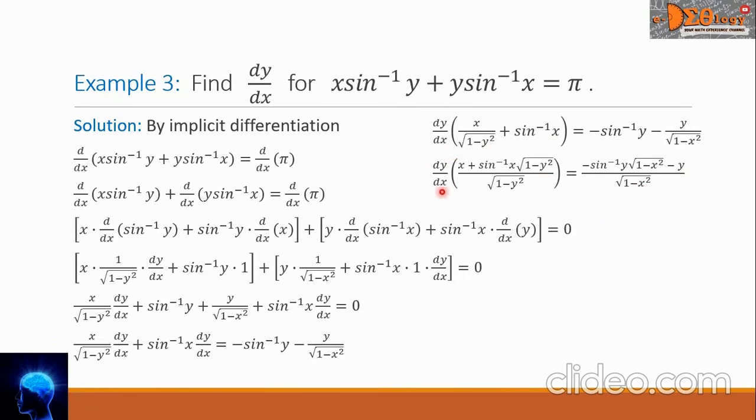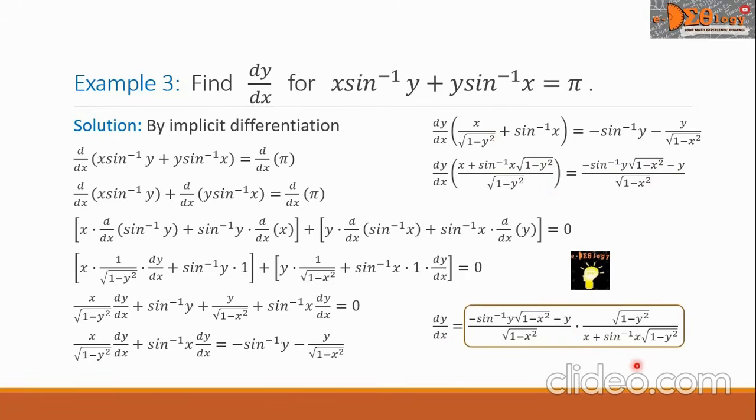It means to say, our dy over dx will be equal to this fraction here all over this fraction. Further, we can show that our dy over dx is equal to this fraction we write here times the reciprocal of this fraction. This is our final answer.